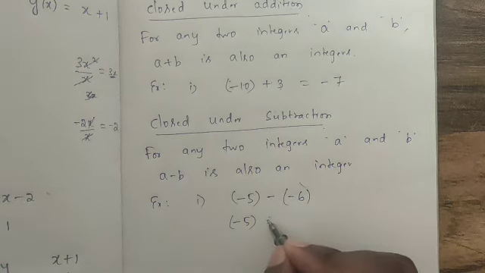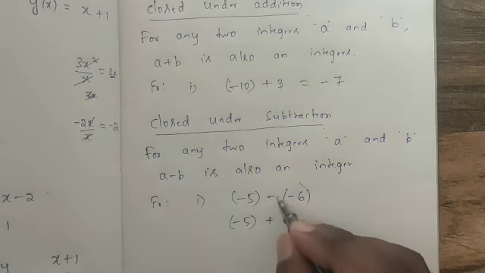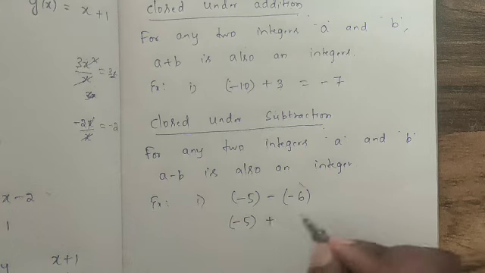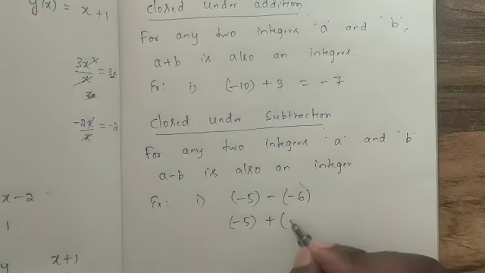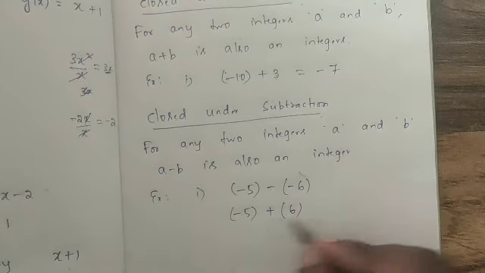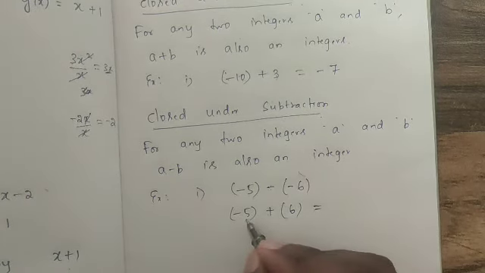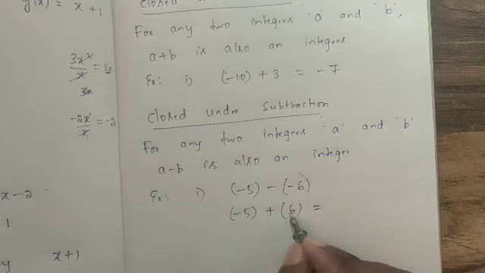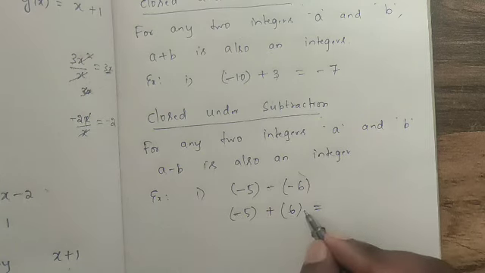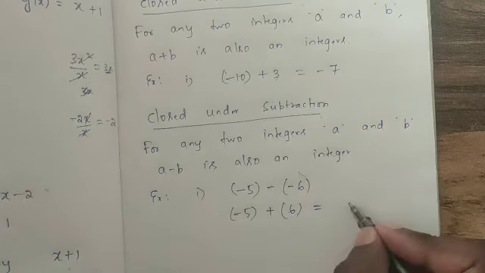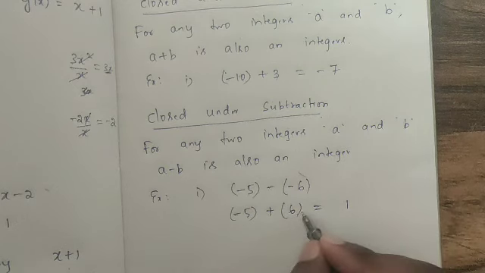Convert the subtraction to addition, then write the additive inverse of minus 6. What is the additive inverse of minus 6? Plus 6. So now it is an addition operation. This is rule 2, rule 3: one negative integer, one positive integer, we need to subtract. If you subtract 5 from 6, the answer is 1. Between 5 and 6, 6 is the higher value.